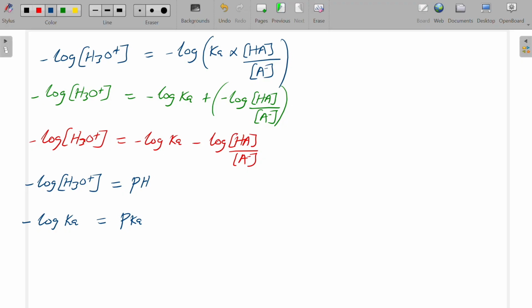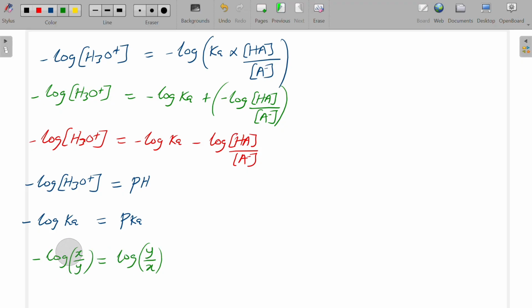Now, we should also remember our logs to say if you have, for example, negative log of x divided by y, this is the same as log of y divided by x, like that. If you have negative log of xy, this is the same as log of yx.